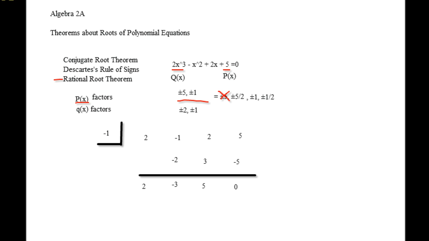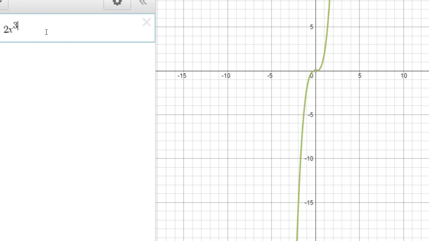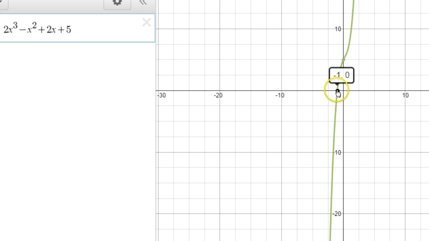Now, another way is to graph it. Okay, and this is the new fashioned way of doing it. So we have 2x cubed minus x squared plus 2x plus 5. Okay. All right, as you can see, 1 is the only one that really crosses, and so the rest are just going to be kind of a little bit funky right off the bat.